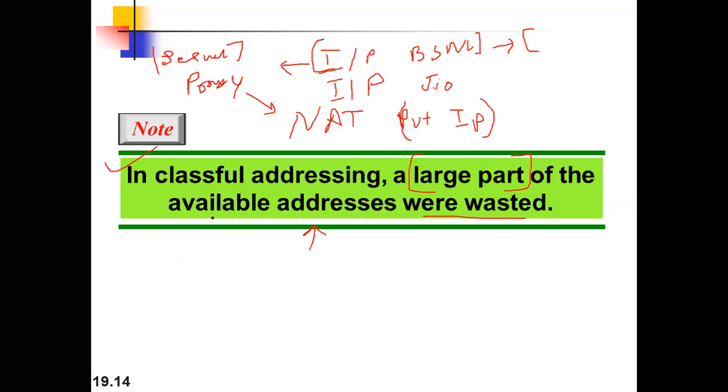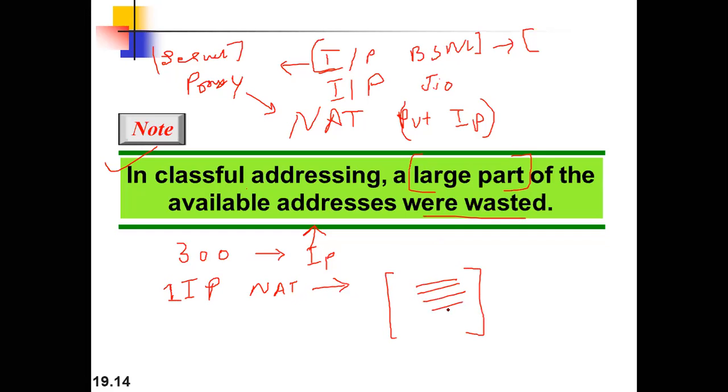For example, if somebody has 300 PCs, then there is a need of 300 IPs, which is very costly, right? Or we can buy one IP, and with the help of a network address translator, this IP will be shared among all the computers, all the hosts we have in an organization, right? And it works with the help of network address translation.